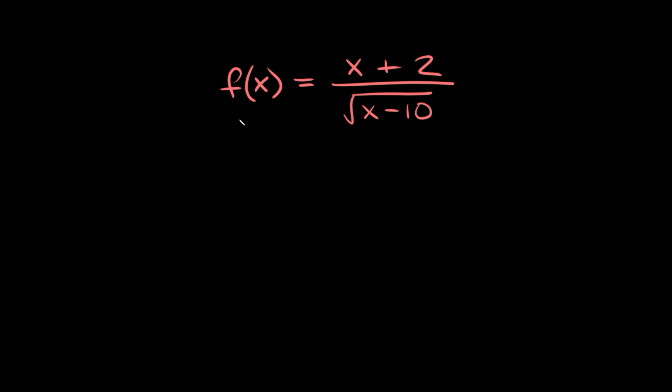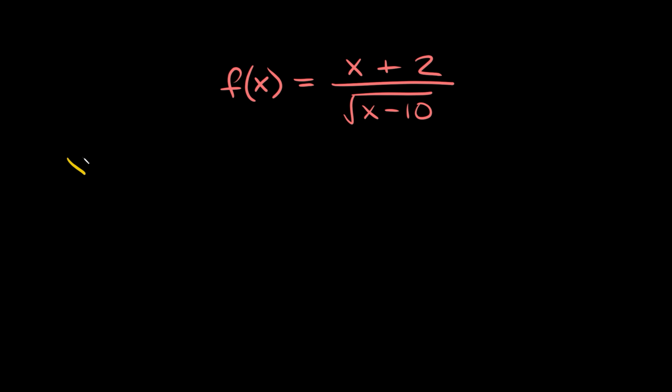All right, here's the last example we're going to go over. So we have f of x is equal to x plus 2 over the square root of x minus 10. All right, so again, in the numerator, this x can be any number, both positive or negative, so there's no issues up there. Again, what we need to look at is the denominator, okay? So just like the last problem, as you can see, we have a square root, right? So whatever we get in here, so let's write what we have inside that radical.